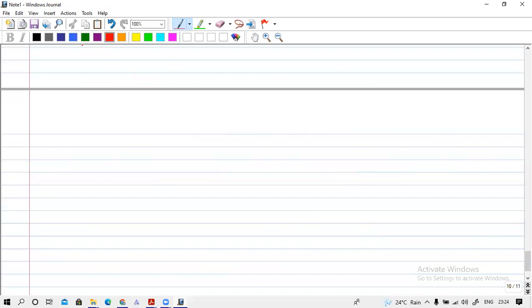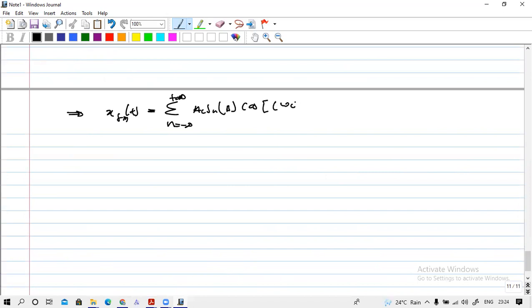So anyway, I will write it again here. We have x_FM(t), the time domain waveform signal, as the sum from n equals minus infinity to plus infinity of Ac Jn(β) cos((ωc + nωm)t).